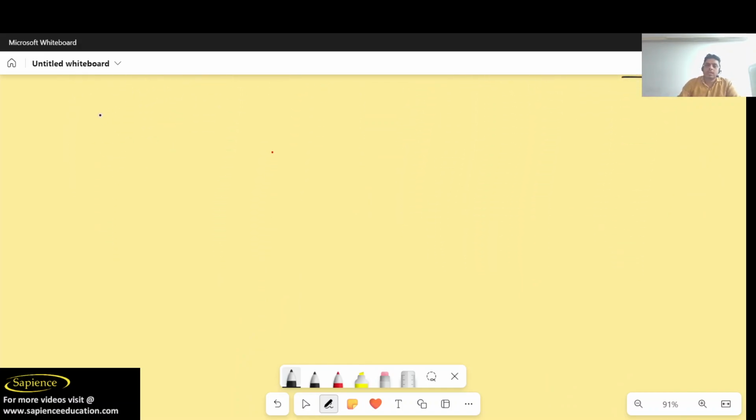Now one more thing: what does the area under the curve of a velocity time graph indicate?